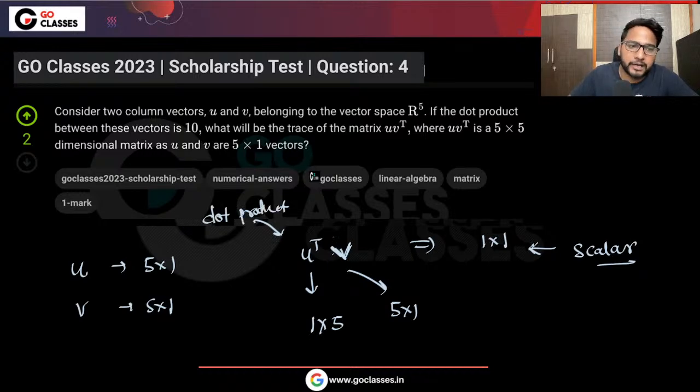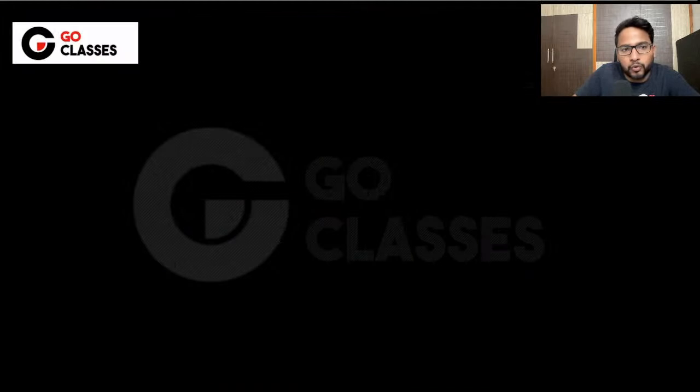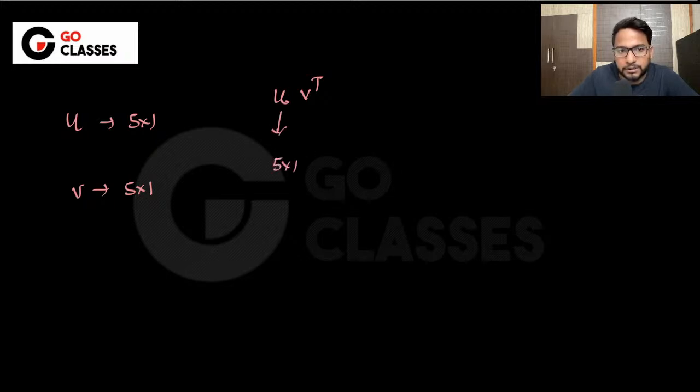But if you talk about UV transpose instead of U transpose V, if U is 5 cross 1 and V is also 5 cross 1, then UV transpose will be 5 cross 1 times 1 cross 5, a matrix of 5 cross 5.